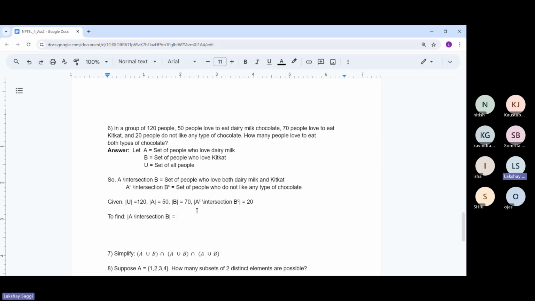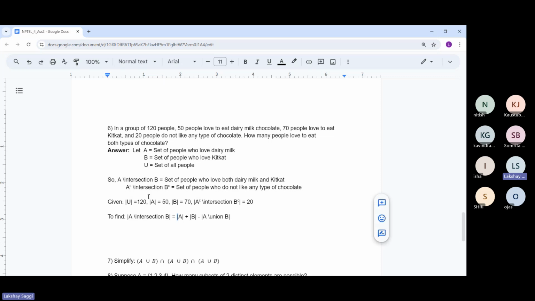I'll tell you how these formulas correspond to what Ojas has said already. Now, we know the cardinality of A and of B, but we are not given the cardinality of A union B directly, so we need to find this value.